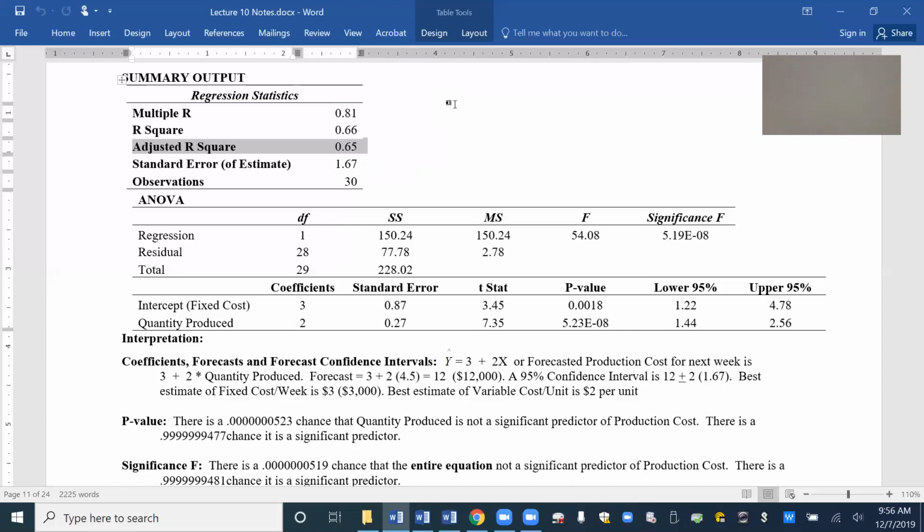Looking at it another way, 65% of the variation in cost is explained or reduced by the regression line. So on a scale of 0 to 1, it's a 0.65.